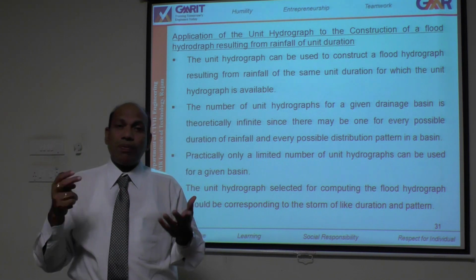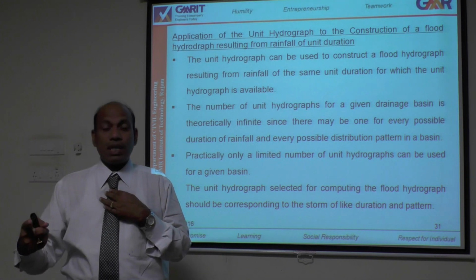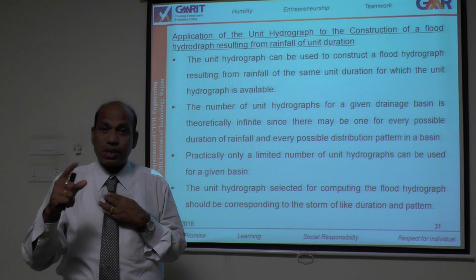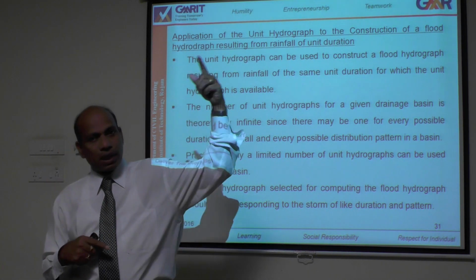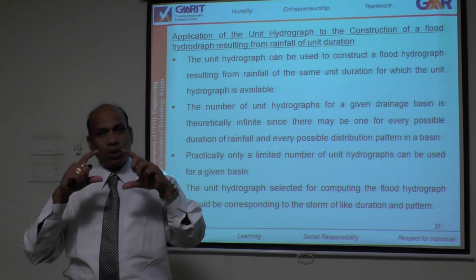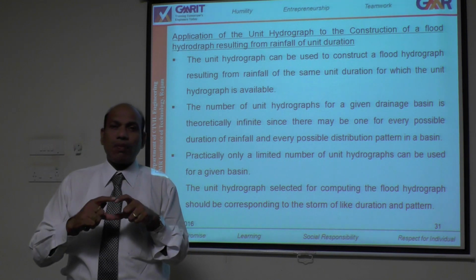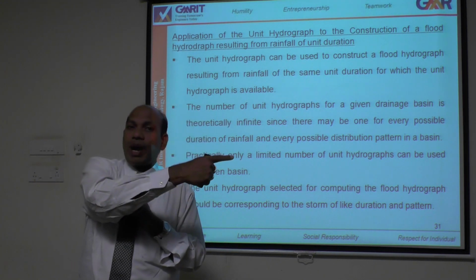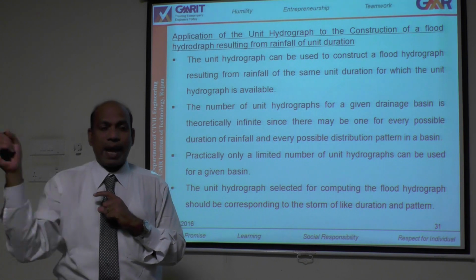In some cases the rainfall excess may be 20 centimeters, but if the unit duration is the same, this unit hydrograph can still be used, because the unit hydrograph is only one, constructed from the storm hydrograph. It can be used for different storm hydrographs of different rainfall patterns, that means different rainfall excesses.